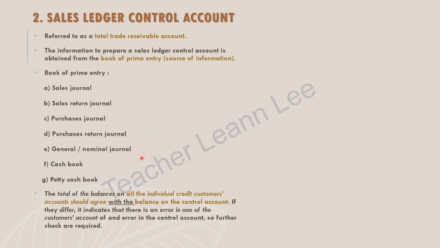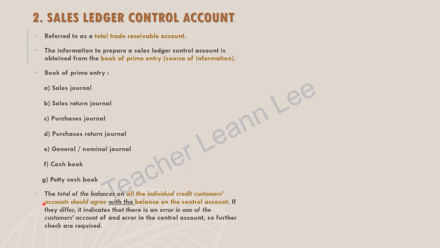Any year-end transfer to the income statement, I will also record in my general or nominal journal. And F, the cash book. The cash book holds the bigger amounts, money paid in and paid out. The petty cash book is for small amounts, petty meaning small, money in and out.